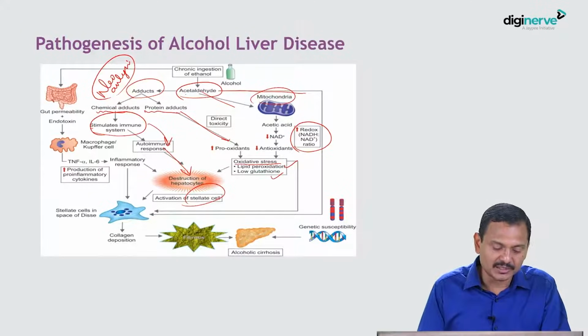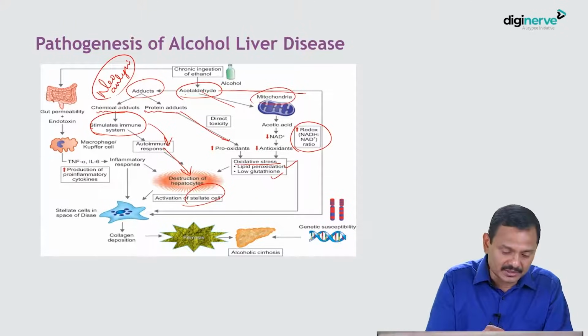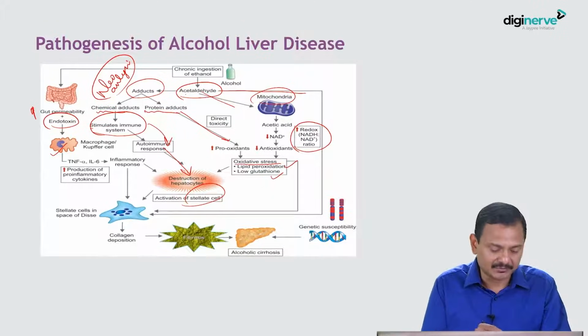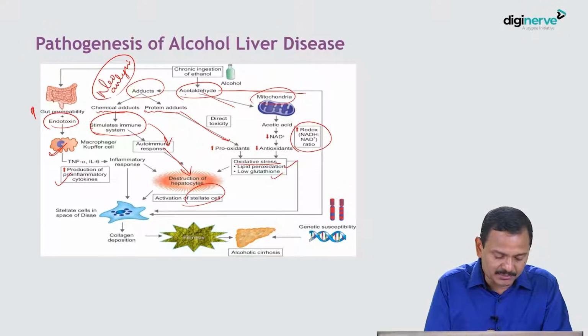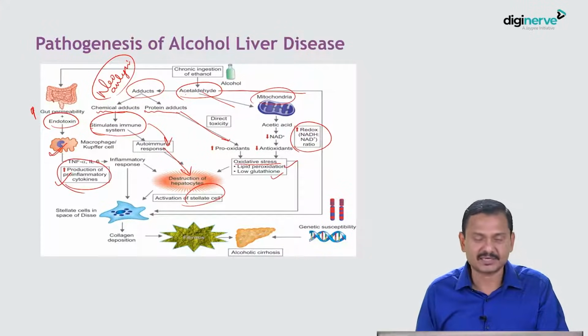The other mechanism we learned is through gut permeability. When you consume alcohol, the gut permeability increases, so the endotoxins from the gut can enter into the circulation, and from the portal circulation they will go into the liver, and there is increased production of pro-inflammatory cytokines.